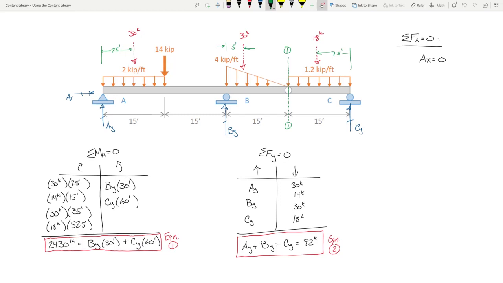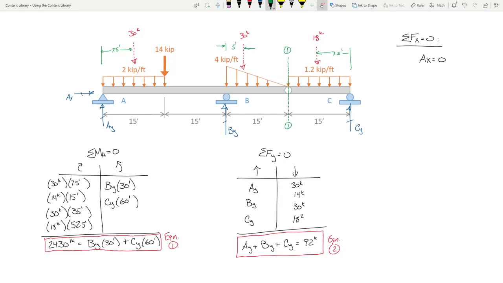For 2 reasons. One, there's 1 unknown reaction to the right as opposed to 2 unknown reactions on the left. That's probably the most important. But on top of that, there are simply fewer loads on the right than there are on the left. So I'm going to cut a section and look to the right because it's easier. Okay?